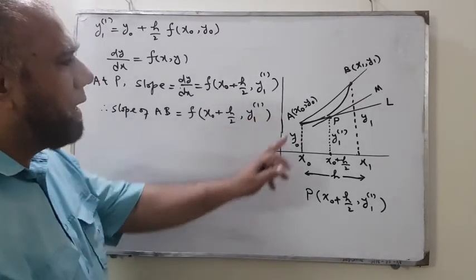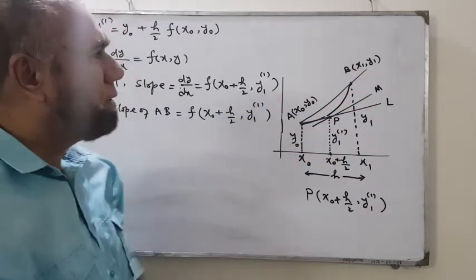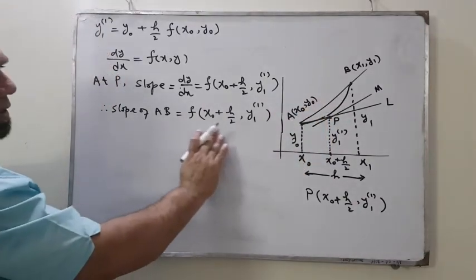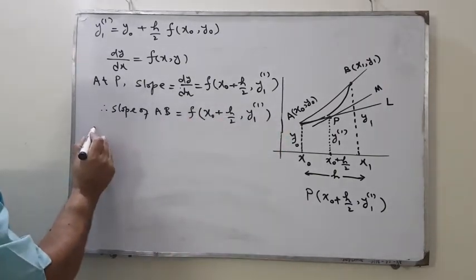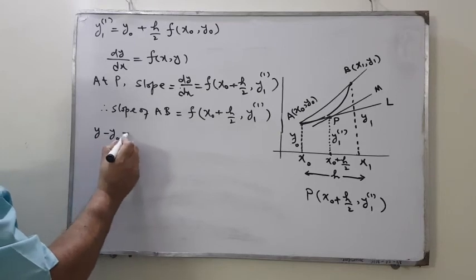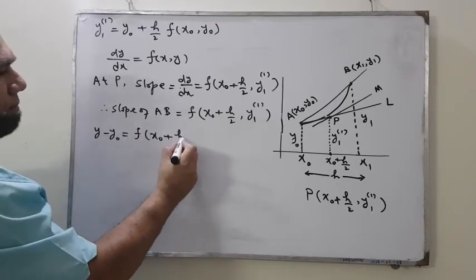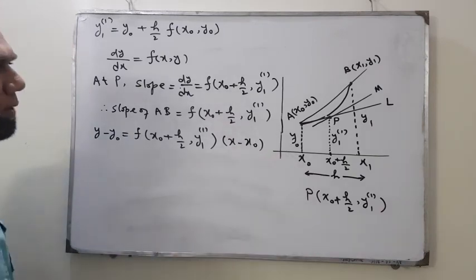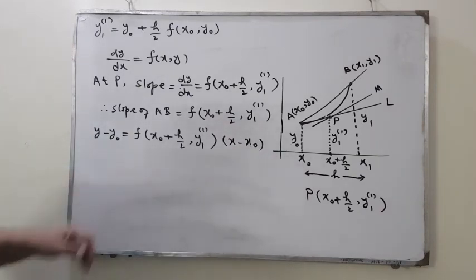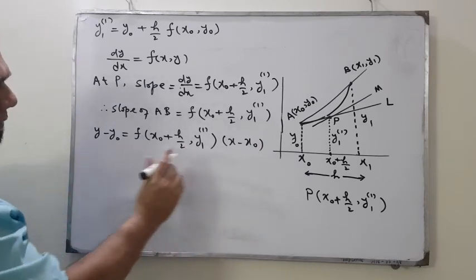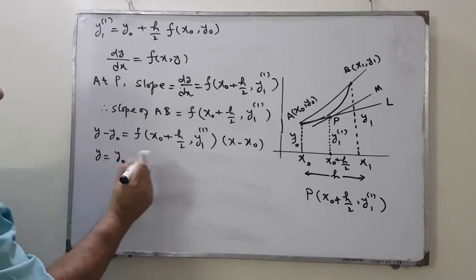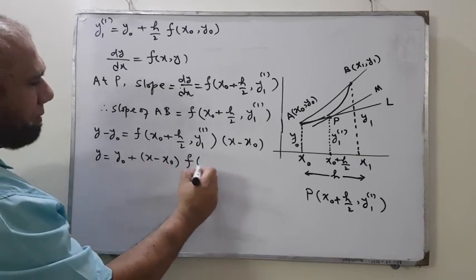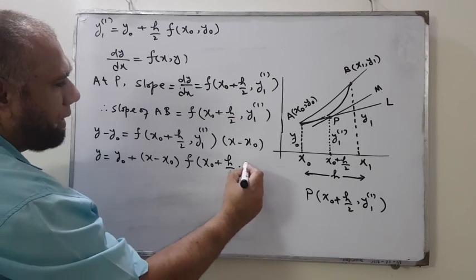This is the slope of the line starting from A and passing through the point B. Now, if we want to write the equation of the line AB, we can use this slope and the point A. The equation takes the form y minus y0 equals f of x0 plus h by 2, y11 times x minus x0, which is the point-slope form. Simplifying, y equals y0 plus x minus x0 times f of x0 plus h by 2, y11.